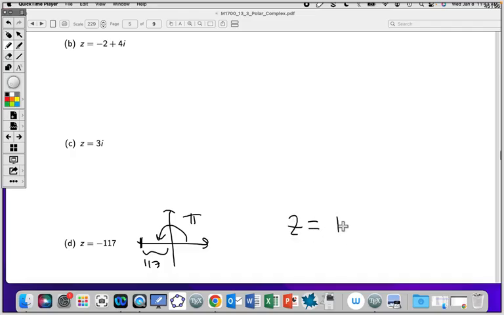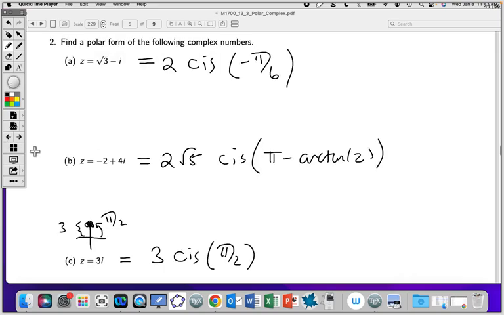So this would be 11/7 cis pi. Now the way you can check all of these is to start with your polar form and expand out the cosine plus i sine. If you expand the cosine plus i sine and then simplify things, you should get back to these formulations for z.